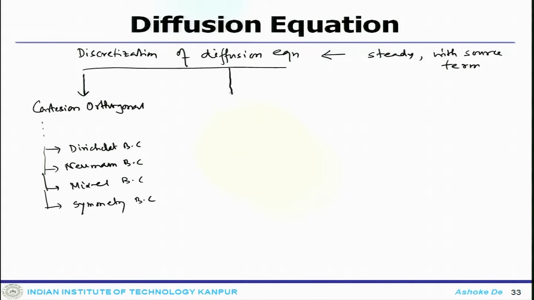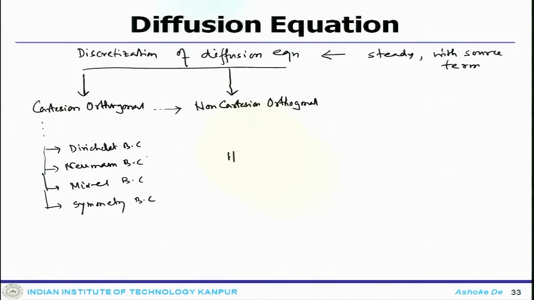Then the system we have taken is the non-Cartesian orthogonal, so still the orthogonality is maintained. This is a one step improvement, and the same thing we have repeated.